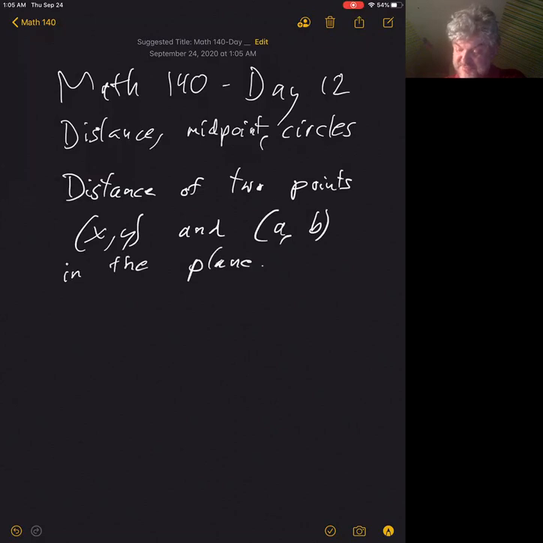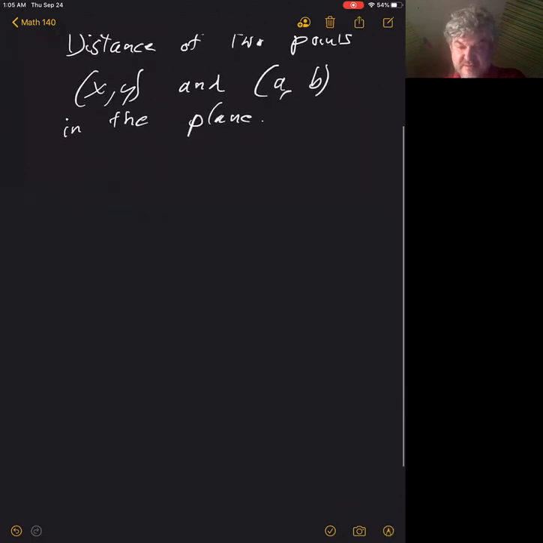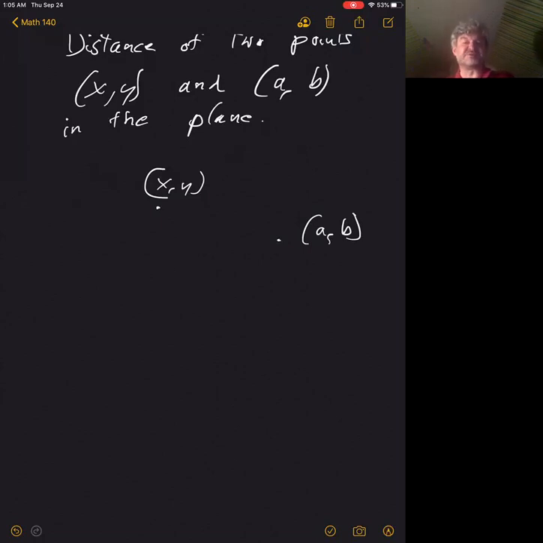In the plane. If we sketch this, x, y, a, b. What can we do with algebra to calculate that distance?